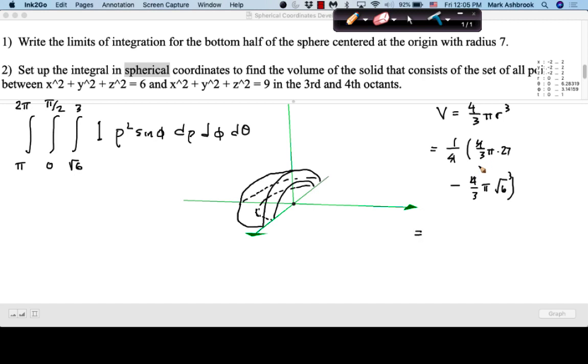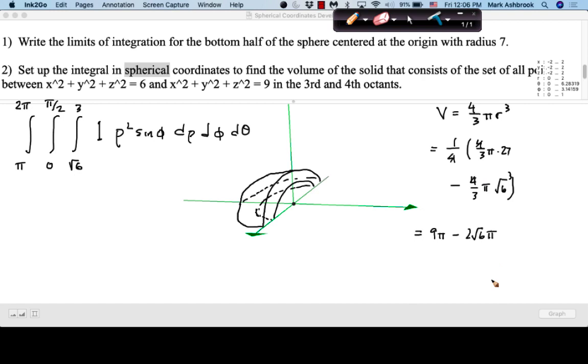So we get 9 pi minus radical 6 cubed over 3 pi. What is that? That's 6 radical 6, right? So 2√6. Or pi times 9 minus 2 radical 6 would be the volume of this band shell kind of thing.